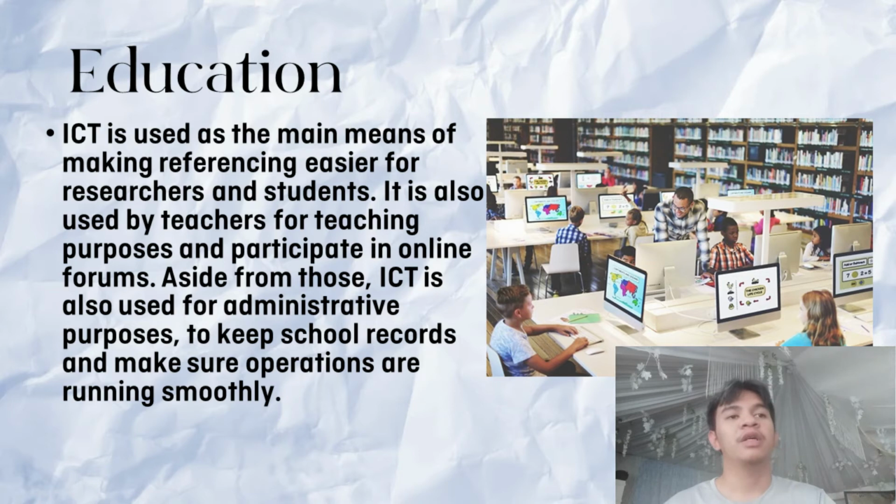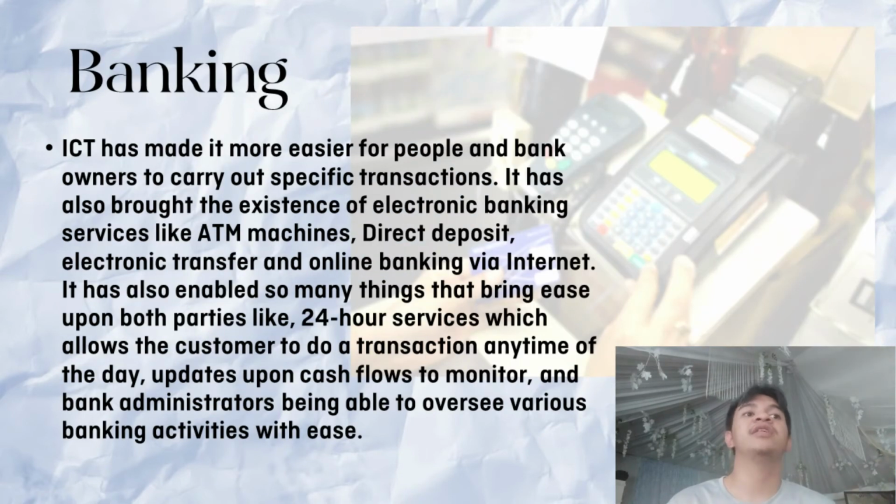So next is the banking sector, wherein ICT has made it easier for people to transact or use banking services. So, with the existence of ICT, we had more opportunities and our banking became more flexible. For example, ATM machines, direct deposit, electronic transfers, and online banking, which is the most popular now, have come out. The presence of ICT has enabled many possibilities for us.